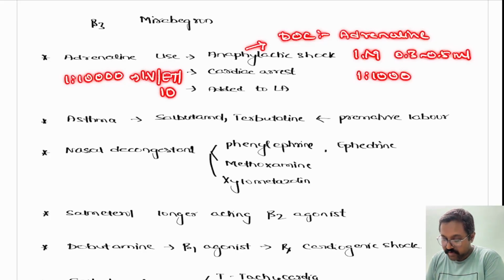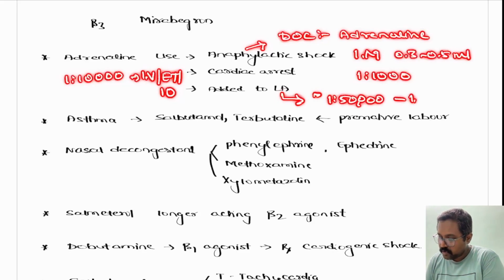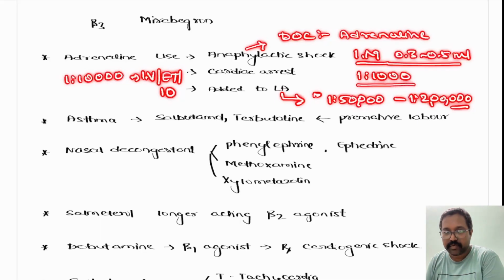If you want to give it with local anesthesia, it has to be diluted to 1:50,000 to 1:2 lakh. So remember, the drug of choice for anaphylactic shock is adrenaline, administered through the intramuscular route. The dose is 0.3 to 0.5 ml and the dilution is 1:1000.